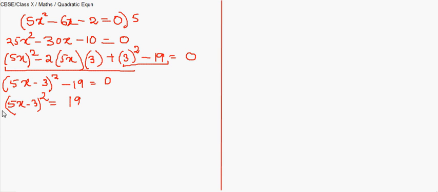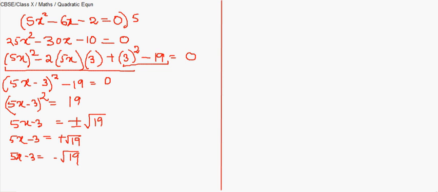Finding the square root of both sides, I'm getting 5x minus 3, and this will be plus minus root 19. Now if I separate this, it is 5x minus 3 is equal to plus root 19, and there will also be 5x minus 3 equals minus root 19.